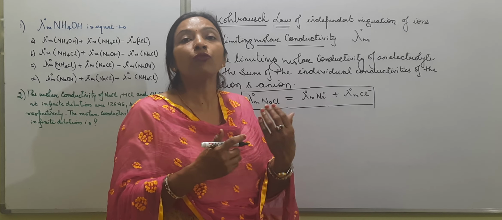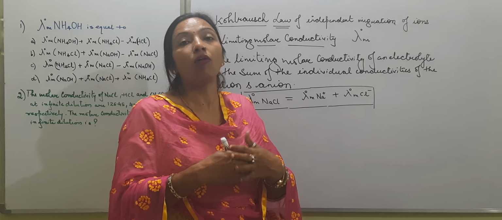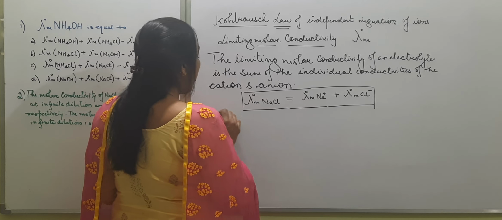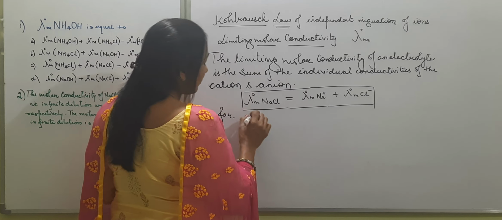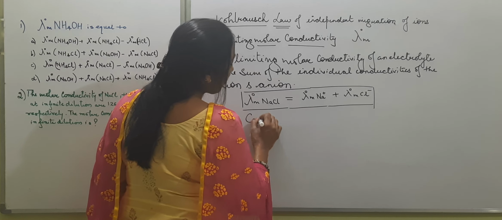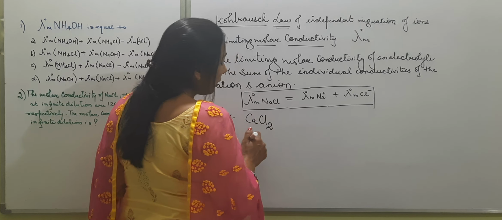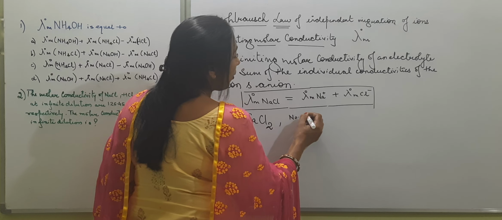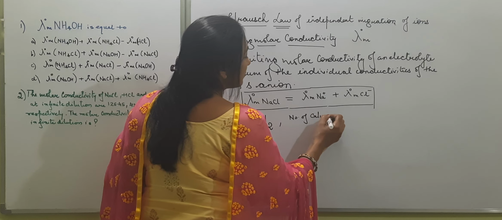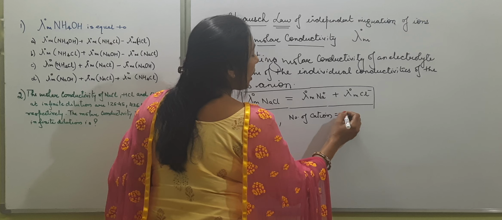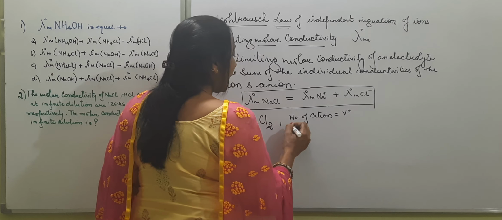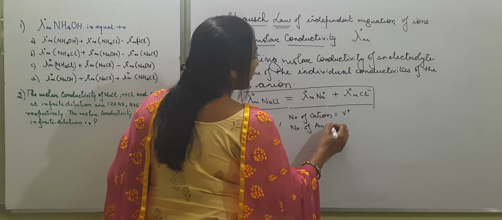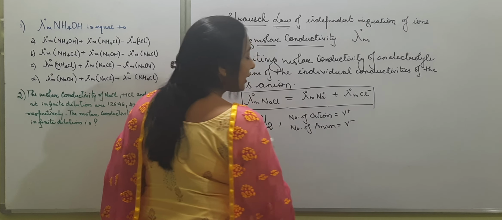If we take a different electrolyte, for example calcium chloride, here the number of cations we represent as V plus, and the number of anions is represented by V minus.